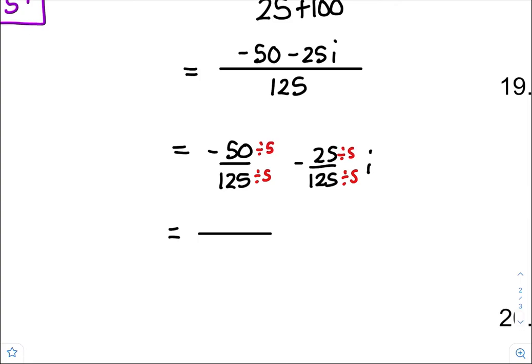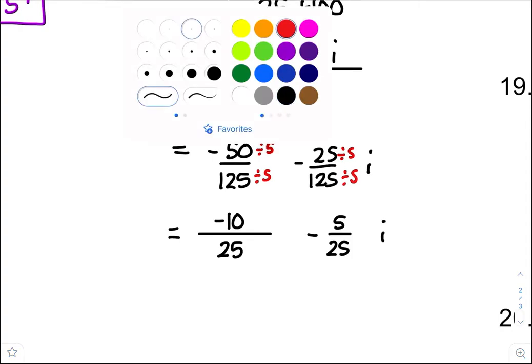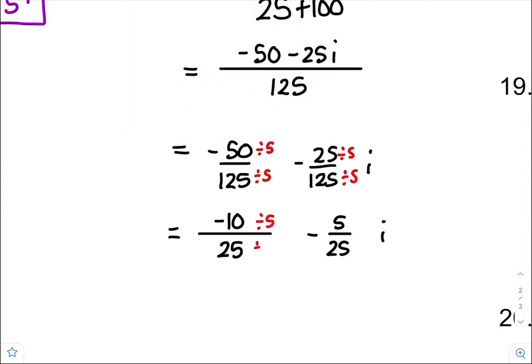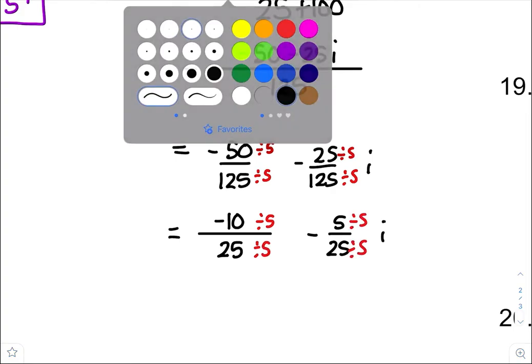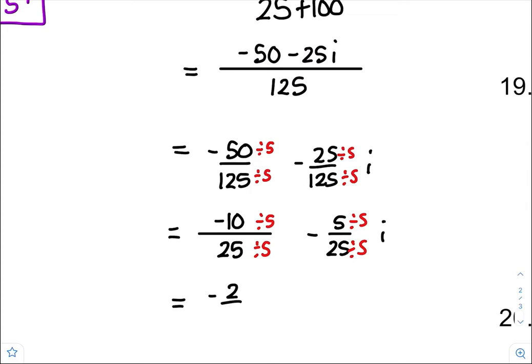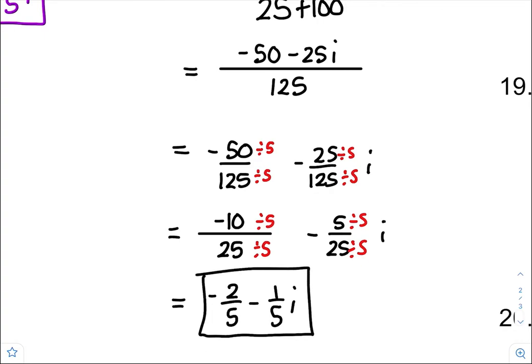Negative 50 divided by 5, negative 10. 125 divided by 5 is 25. Negative 5i over 25. But then you can still divide top and bottom by 5 for both. And you would get negative 2 over 5 minus 1 over 5i. So if you can simplify fractions, go ahead and do so.